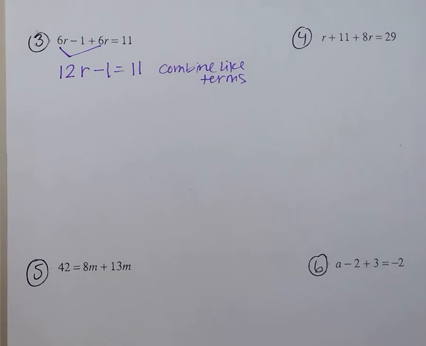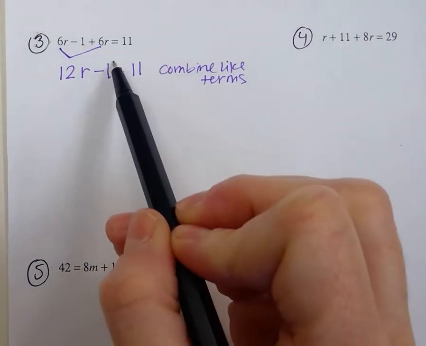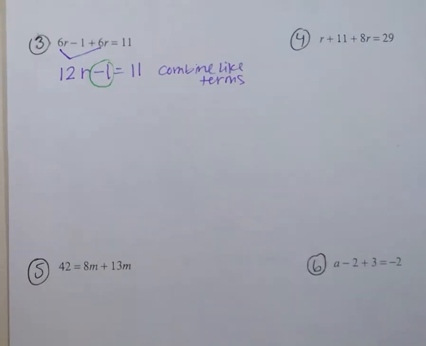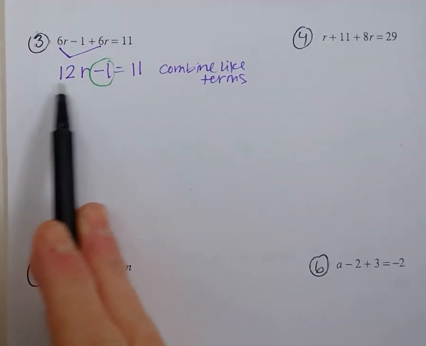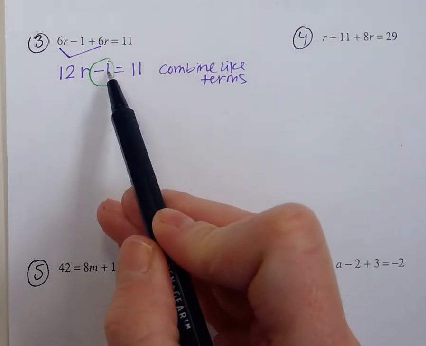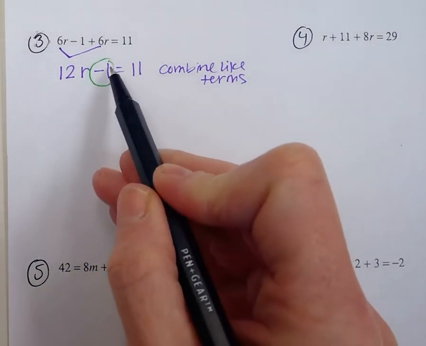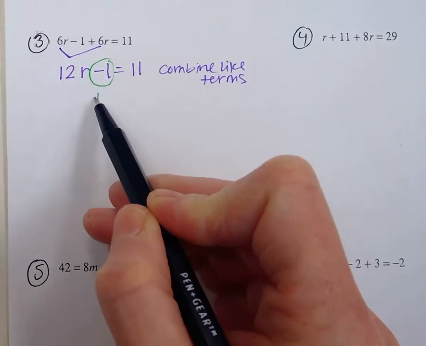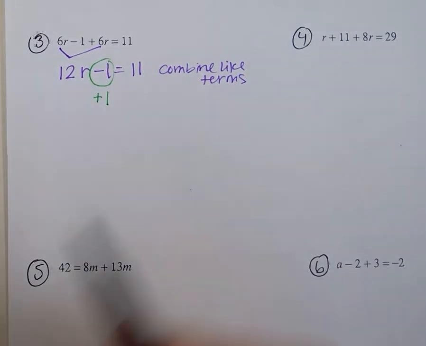So again, once we simplify, our first goal is to get all variables on one side and all constants on the other. So that means this -1 needs to go so that I can get my R's on the left. If I'm subtracting 1, it's like I have a -1. So to eliminate that -1, I have to add 1.